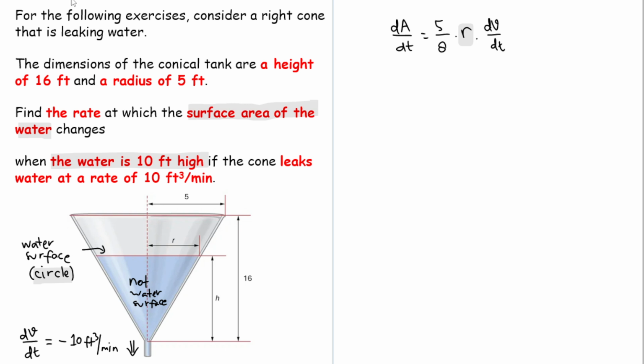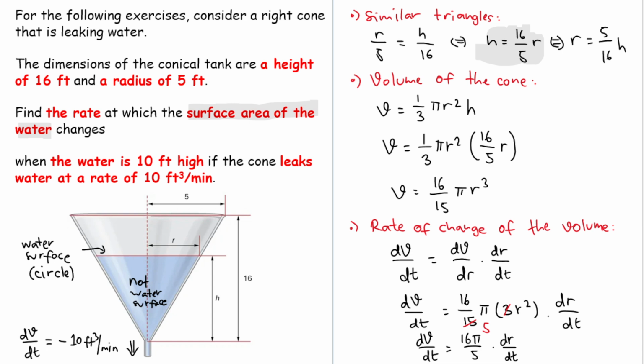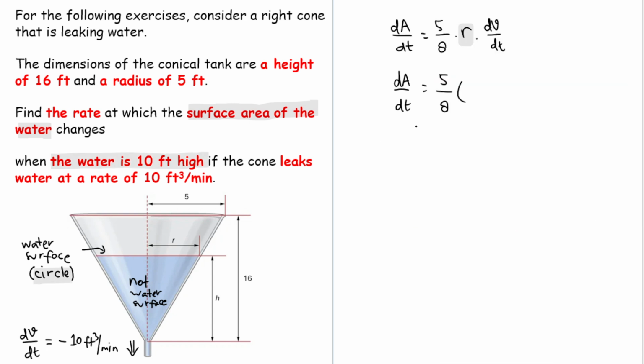So we will have dA/dt equal to 5 over 8 multiplied by 5 over 16 h, then multiplied by dV/dt.